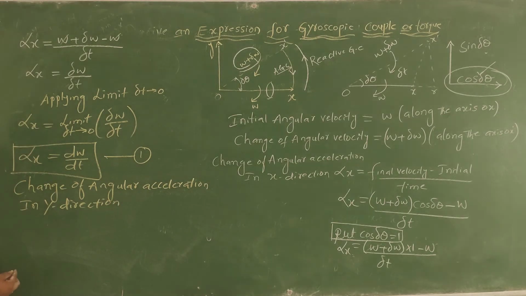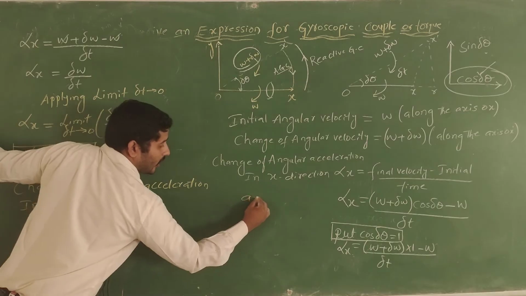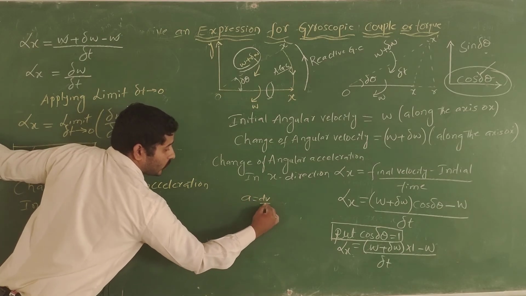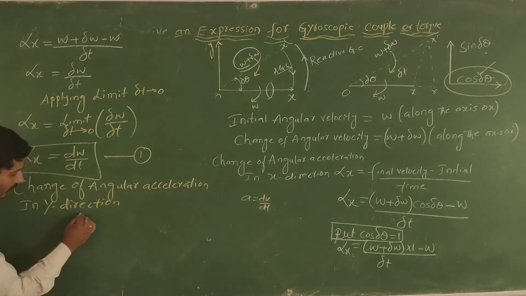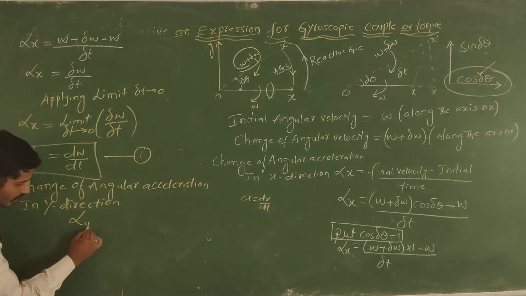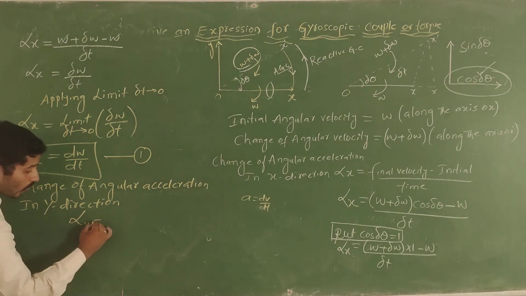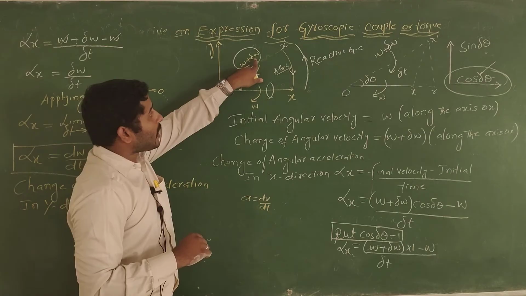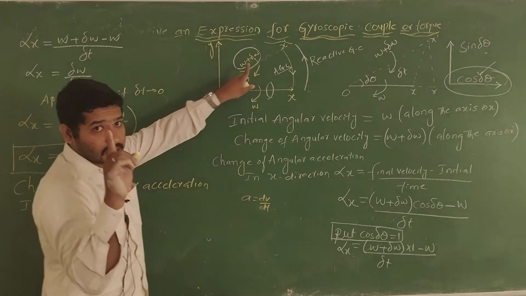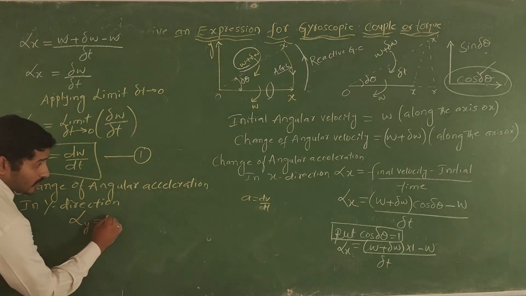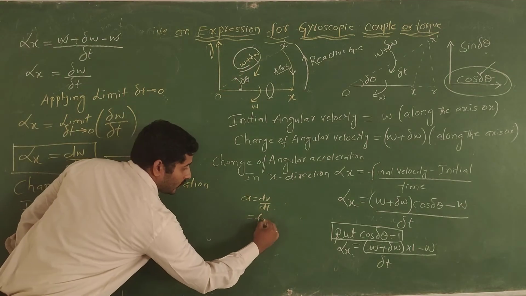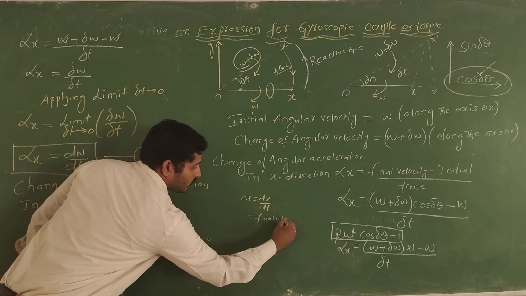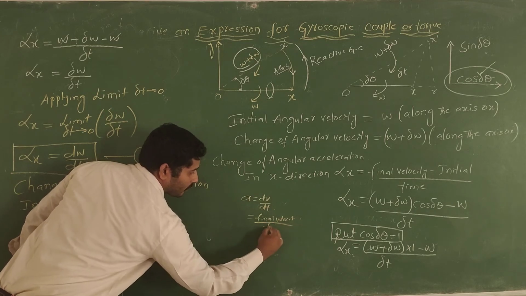So what is the formula of acceleration? The rate of change of velocity with respect to time, we know very well. The angular acceleration in the y direction is equal to the change of velocity. How much is it? Omega plus delta omega. Okay, listen. The final velocity with respect to time.